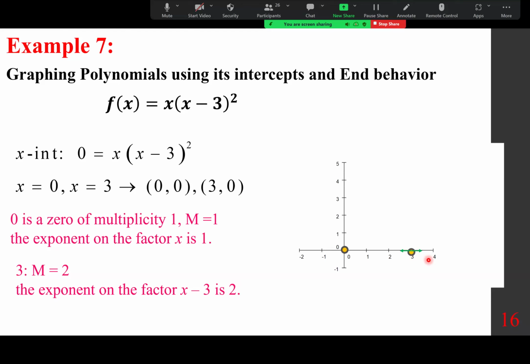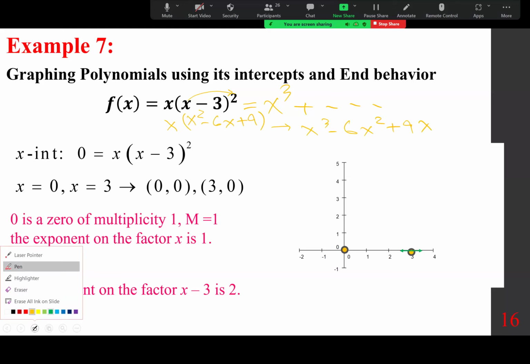And of course, class, if you multiply them through, all you have to know is it's x cubed. You don't even have to know the rest. Please understand this is x squared times x, which is x cubed. You don't have to work it out. If you wanted to work it out, this is x squared minus 6x plus 9, and if you multiply it by x, you get x cubed minus 6x squared plus 9x.